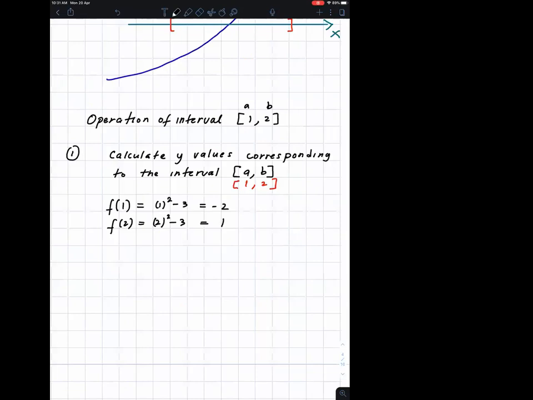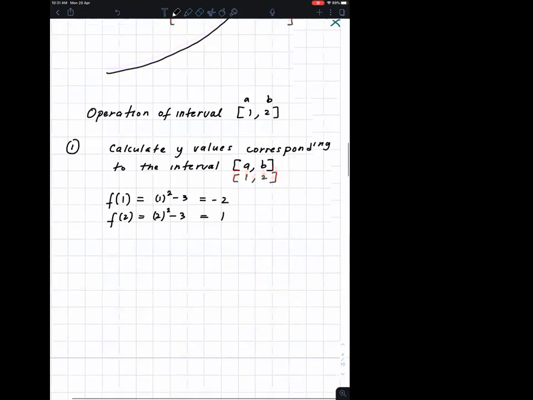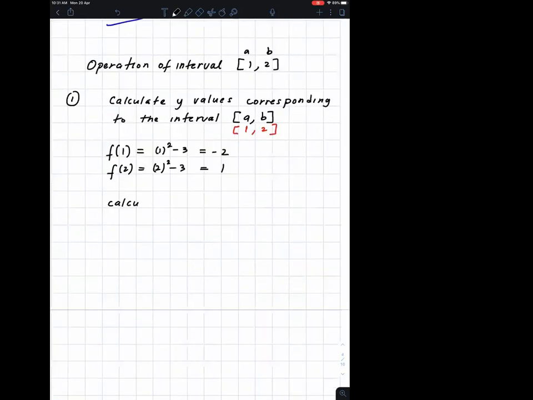All right. Next, calculate midpoint. What do I mean by midpoint? Call this midpoint C. Midpoint means I take the interval, sum the endpoints and divide by 2.